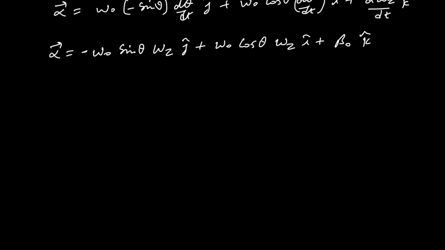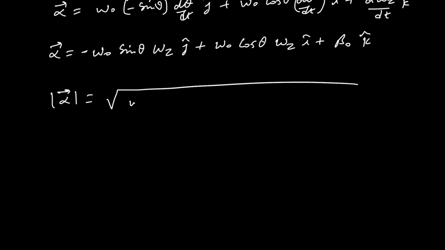Moving ahead, the magnitude of this angular acceleration will be the square root of (omega naught omega z sin theta) the whole square, minus is also there, plus (omega naught omega z cos theta) the whole square plus beta naught square.